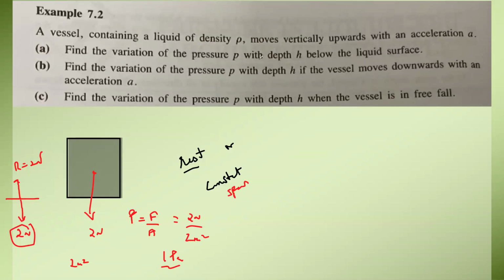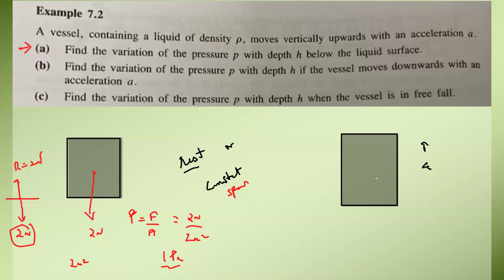That's the first scenario. Now, let's take the second part: if it is accelerating upward. So we have the same container filled with the same amount of the fluid, and it is accelerating up.